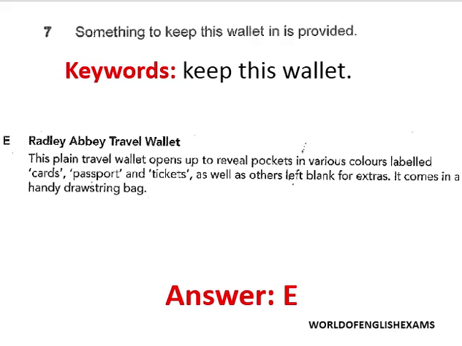See, so here this wallet contains various segments and also the next sentence says it comes in a handy downstring bag. So this wallet will come inside a bag. So in order to store the wallet, they are also giving us a bag. Hence the answer is E.